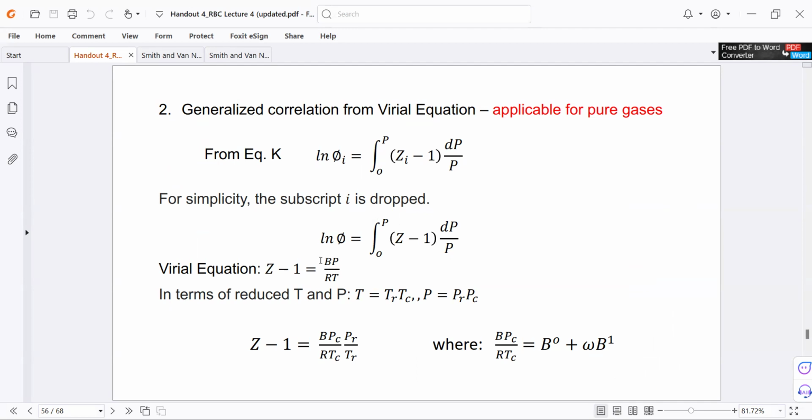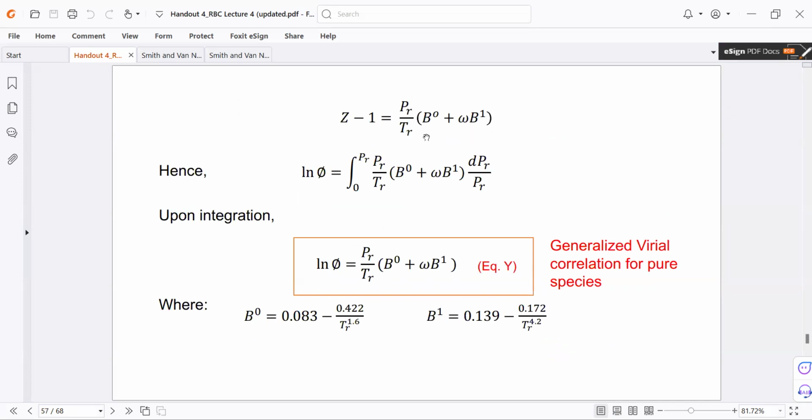B is a quantity that describes the interaction between the molecules. So if we replace that into the equation, and then in terms of reduced temperature and pressure, we substitute T and P with Tr and Pr, we're able to get an expression like this. Okay, so we end up with this expression.